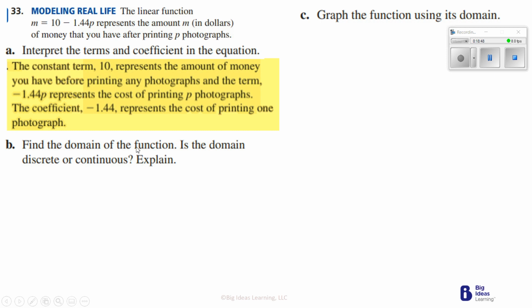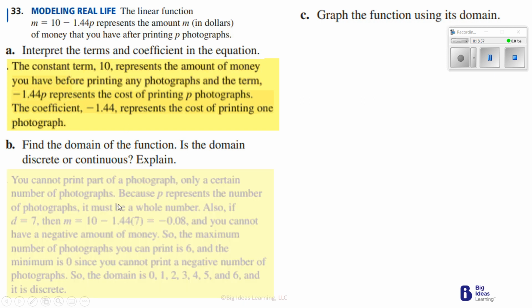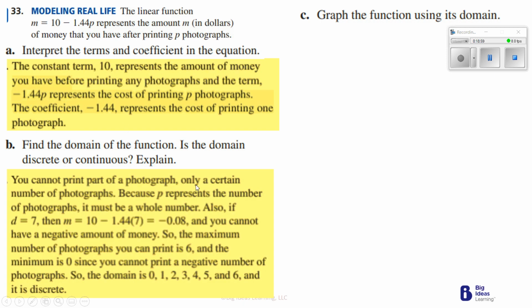B says find the domain of the function. Is the domain discrete or continuous? Well, it's not going to let you print part of a photograph. So you cannot print part of a photograph, only a certain number of photographs. Because p represents the number of photographs, it must be a whole number. Also, if p equals 7, then m equals 10 minus 1.44 times 7, which would be negative 0.08.